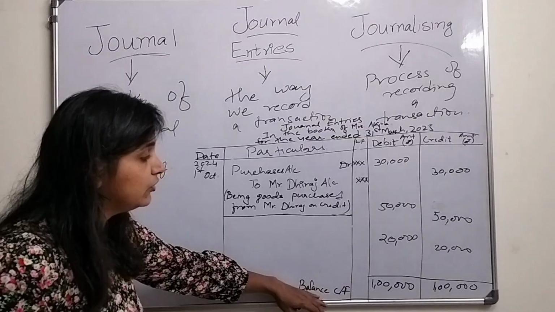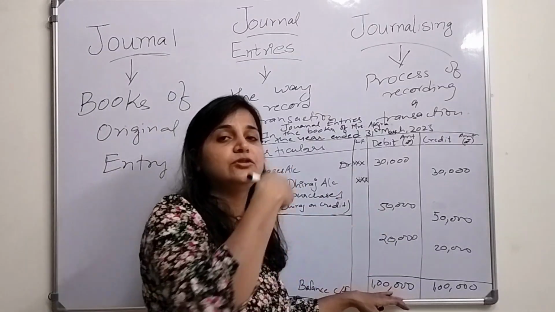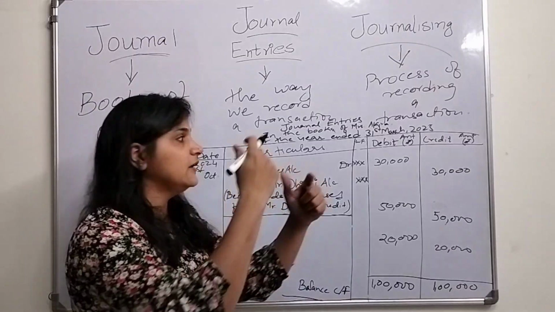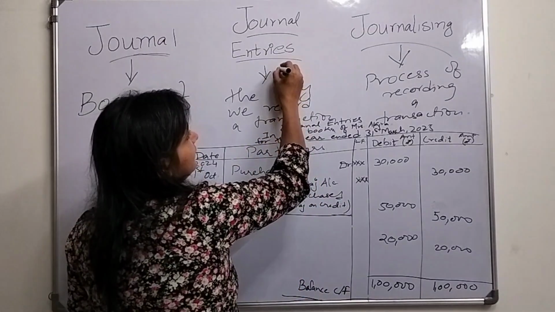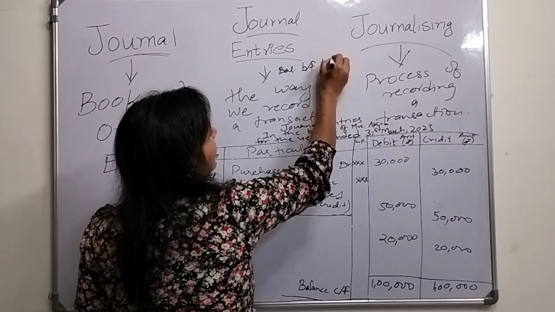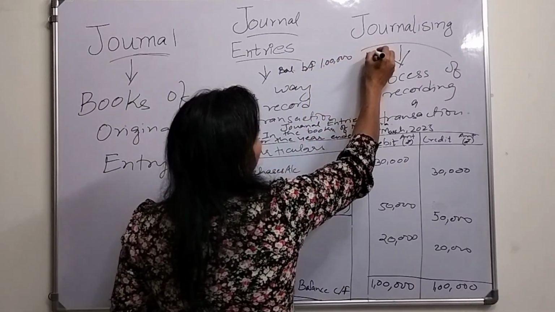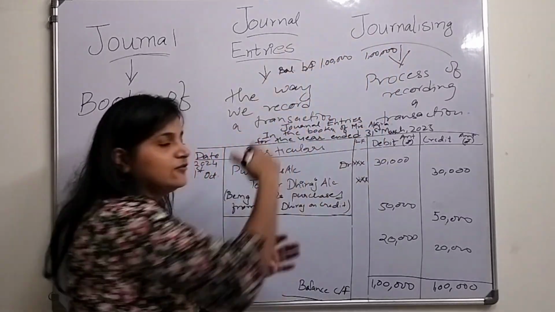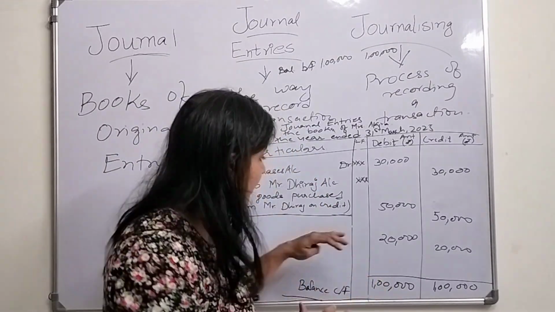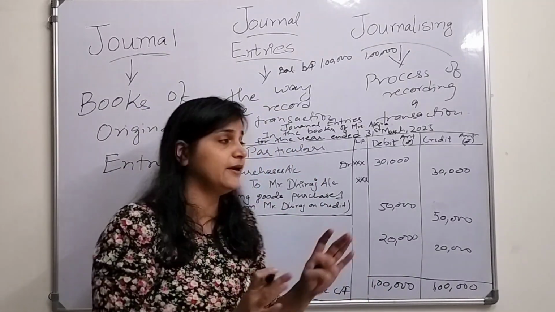That means we are going to carry forward this balance to the next page, where we will write balance brought forward 1 lakh. And again, the transactions will happen and the amount will get totaled. Fine. Understood? Is this clear to everybody?